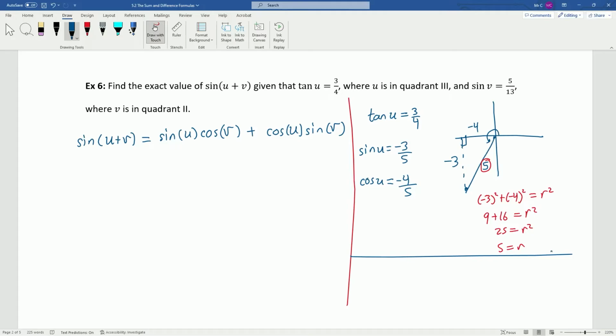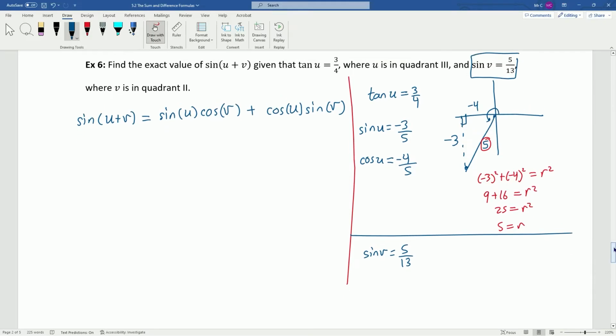Okay, so we now know what sine of u is, and we know what cosine of u is. Now I need to figure out what cosine of v is. I already know what sine of v is. So sine of v is 5 over 13. And we were told that v is in quadrant 2. So when I draw my angle, it should put me in quadrant 2. And sine is y over r, so this is 5 and 13.